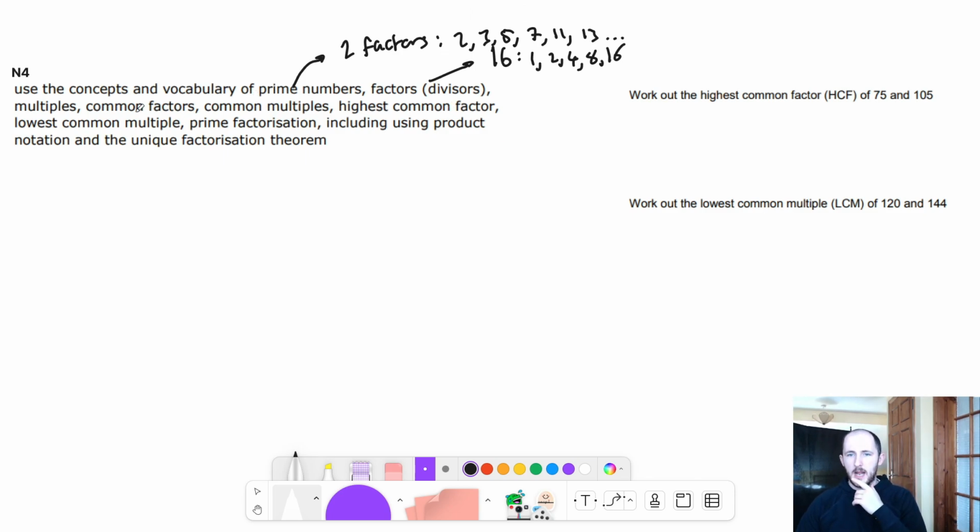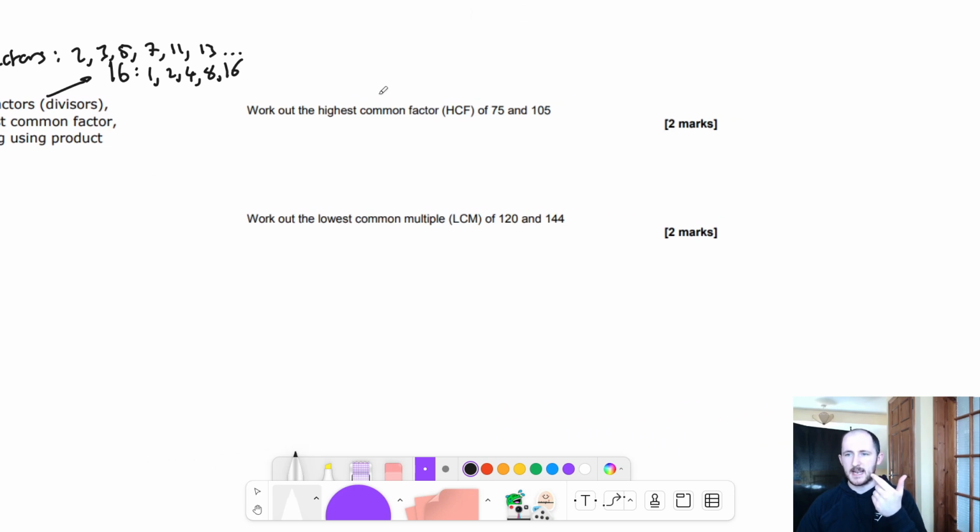So for the rest of this, we're actually going to essentially do it all in one go. So using product notation and prime factorization, because that is exactly how we work out highest common factor and lowest common multiple. You do a factor tree. So you take 75 and you're going to break it down. So you have 25 and 3.